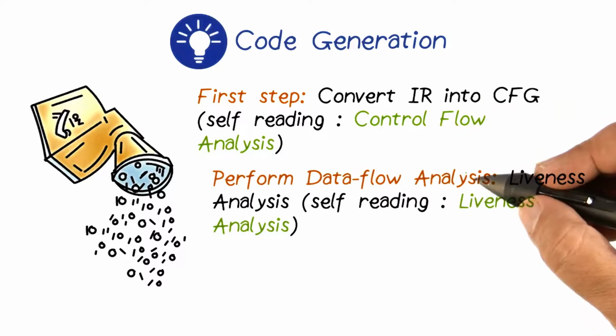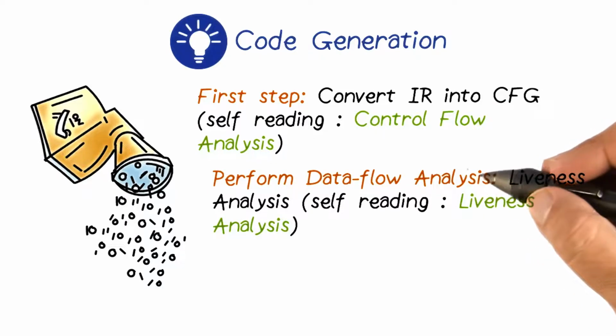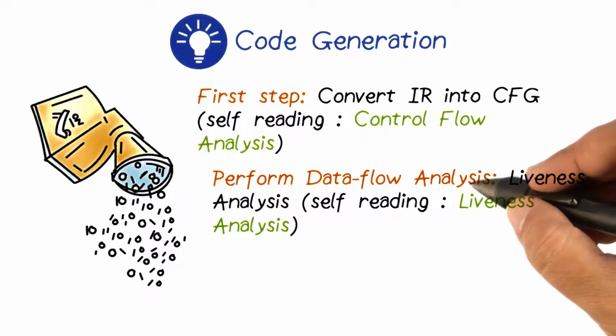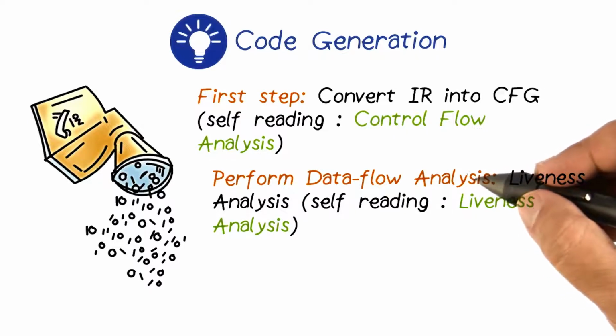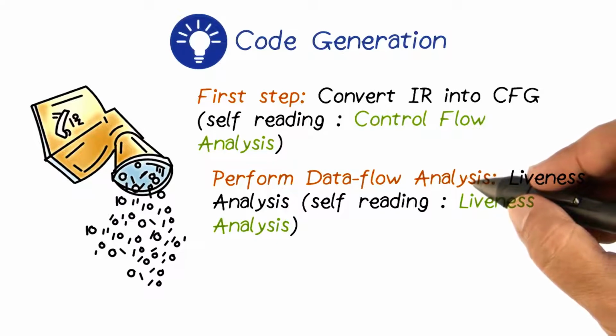The next step that is involved in this process, especially in the register allocation, is to perform the data flow analysis. The data flow analysis allows us in this particular case to determine what is known as liveness. Liveness tells us which variable is carrying a value from one point to the other to be used at the next point.